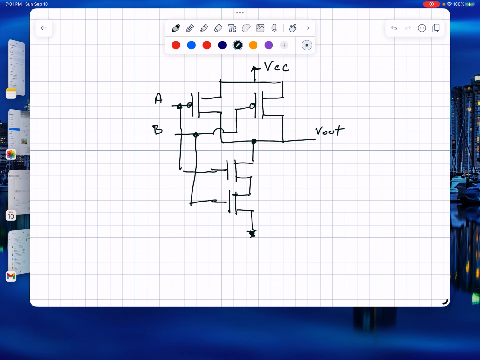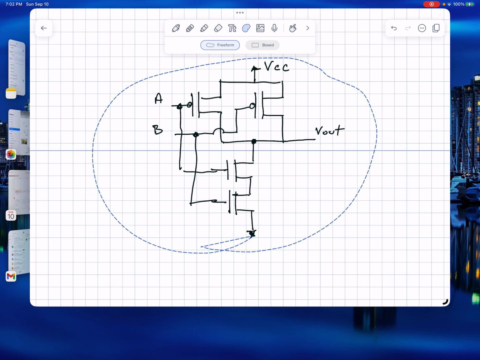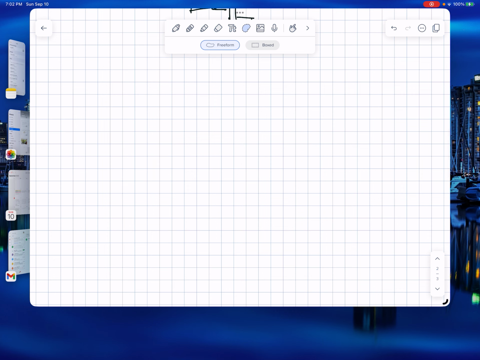Draw that from memory, but what you're thinking of is the organization of the gate: P channels on top, in parallel, N channels in series on the bottom. Next, I want you to be able to copy this. Redraw it is what I recommend you do.